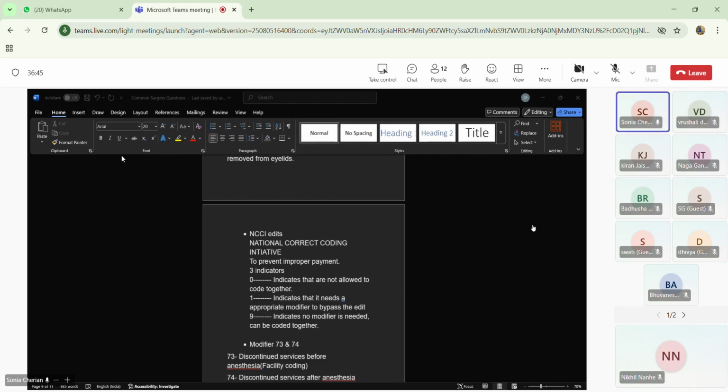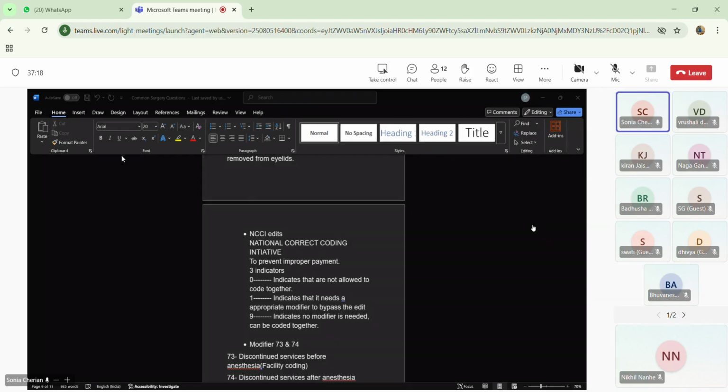Sometimes those CPTs go well with each other, and sometimes one procedure is inclusive to the other. In that case, you cannot code the inclusive procedure. You can only code the primary CPT, which covers all the other procedures.